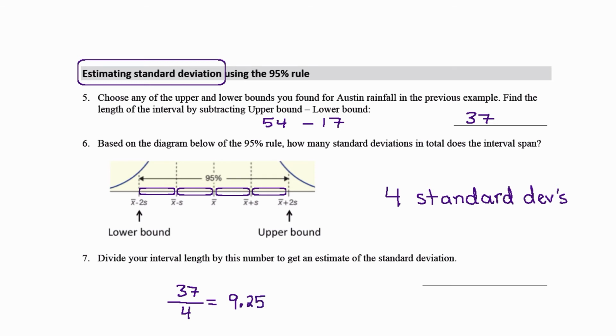And therefore my estimate of the standard deviation of annual rainfall in Austin over the years we're given is 9.25 inches.